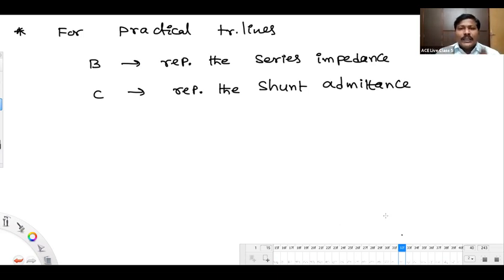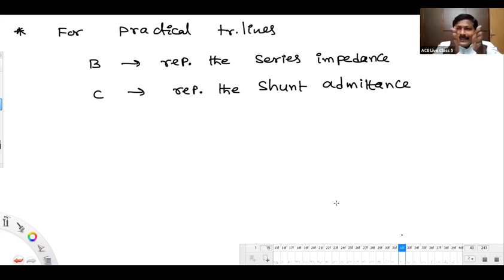Just listen to what I'm saying. If two identical lines are in parallel, then definitely the series impedances will be in parallel, and the shunt admittances will also be in parallel.